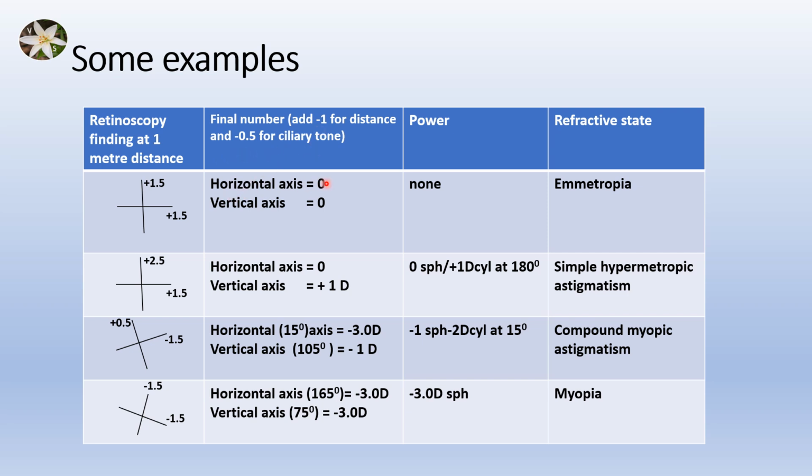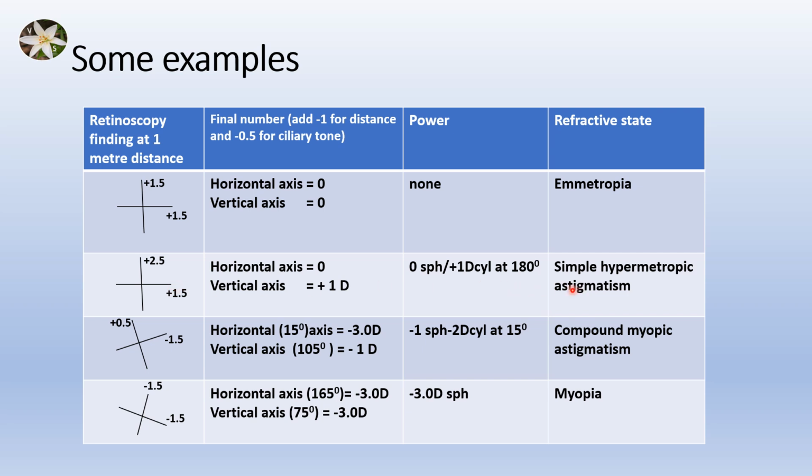So here we have 0 power for the horizontal axis and 0 power for the vertical axis, and we have emmetropia. Here we have 0 power for this axis and +1 diopter power for the vertical axis. So the power is 0 sphere and +1 diopter cylinder at 180 degrees.